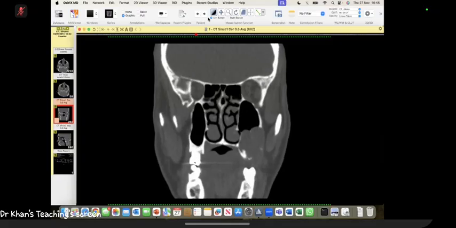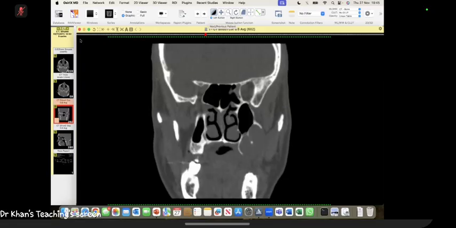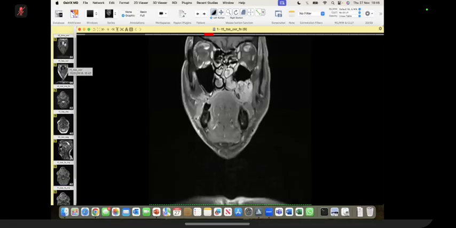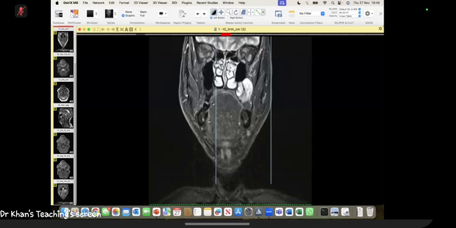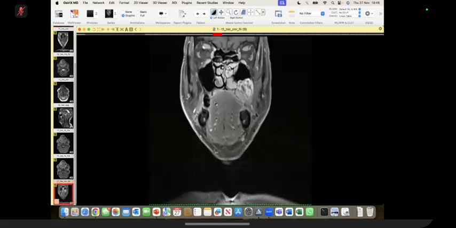And then on MR, we can see this is the post contrast. I had initially shown you this one, where you can see high signal, and then of course we went through the post contrast, which is this one. It enhances, it has got solid components.